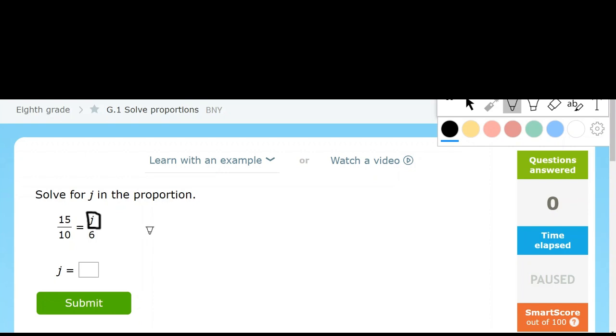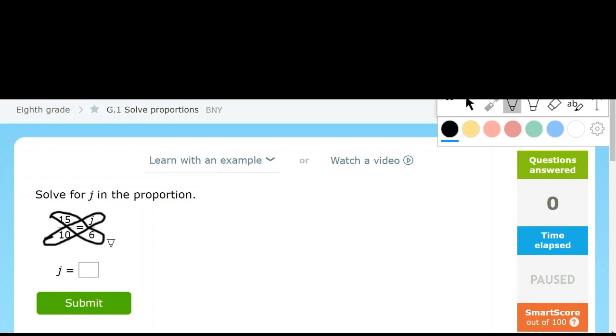Well, one way we can solve for the variable here is we can cross multiply and create a new equation. I'll show you what I mean. So you draw a cross here, like an X, and the numbers in this cross, you just multiply them out.